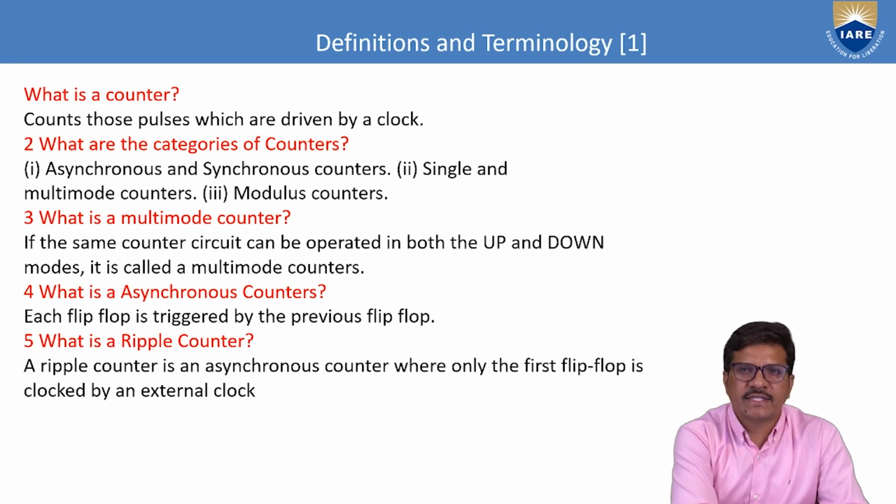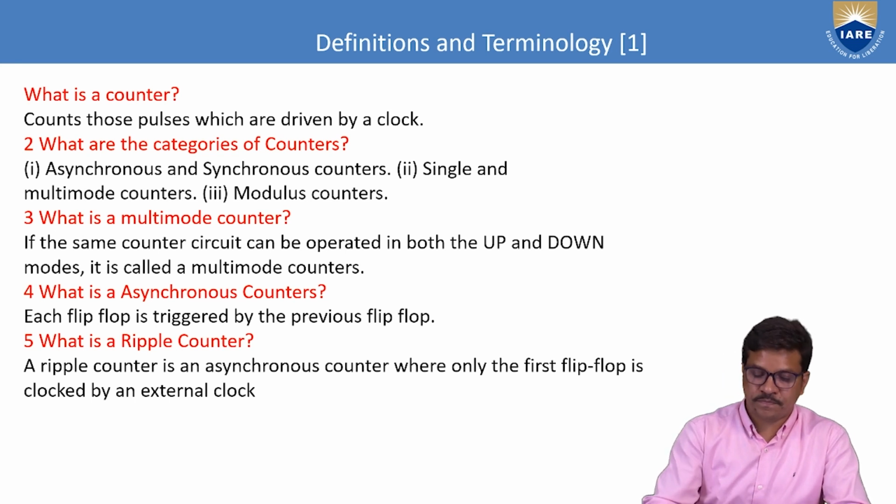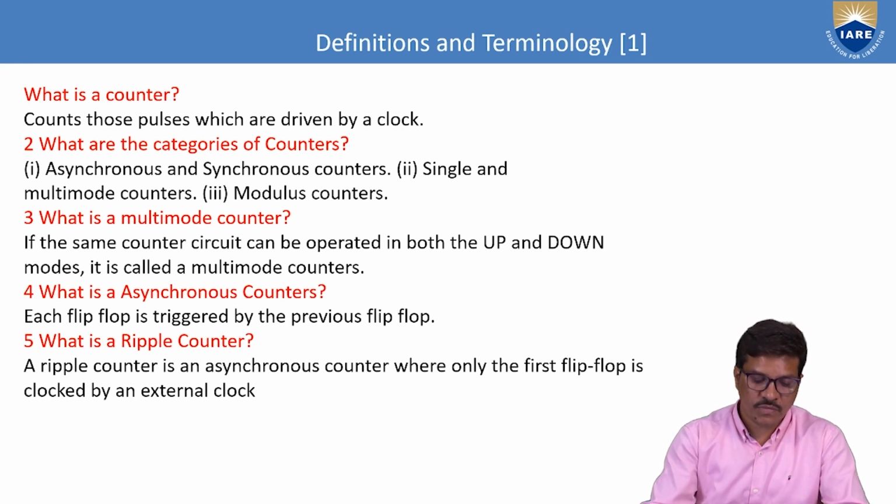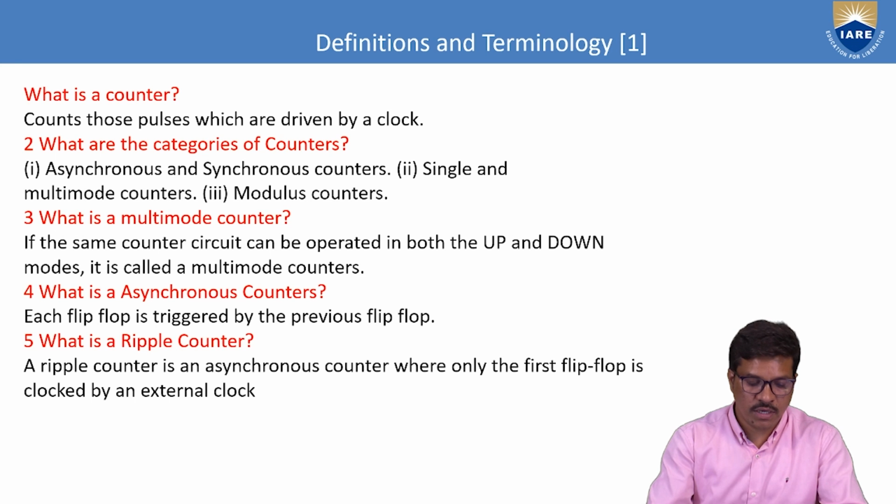What are the categories of counters? Asynchronous and synchronous counters, single and multi-mode counters, and modulus counters. If the same counter circuit can be operated as both an up counter and a down counter, it is called a multi-mode counter.